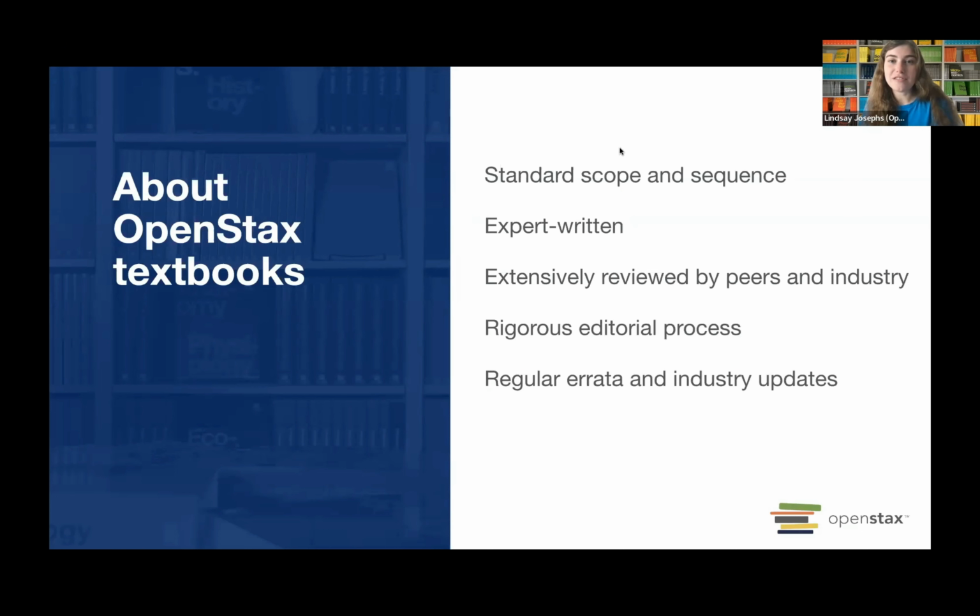All of our books are designed to meet the standard scope and sequence requirements of their respective courses and are written and reviewed by industry experts. Each of our books also goes through an extensive editorial process to ensure that the content is up to date, clear and concise, and is representative and reflective of diverse audiences. Lastly, each of our books receives regular editorial updates. We revise our books when it's pedagogically necessary.